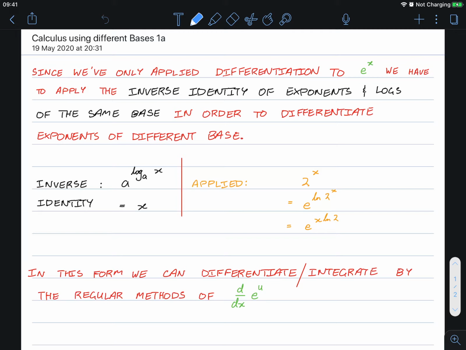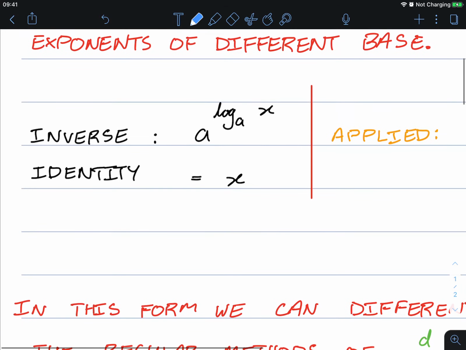Since we've only applied differentiation to e to the power of x, we have to apply the inverse identity of exponents and logs of the same base in order to differentiate exponents of different base. This long mouthful is actually referring to this one.